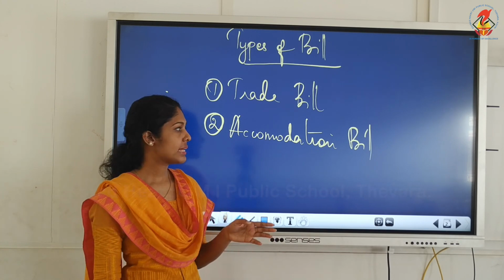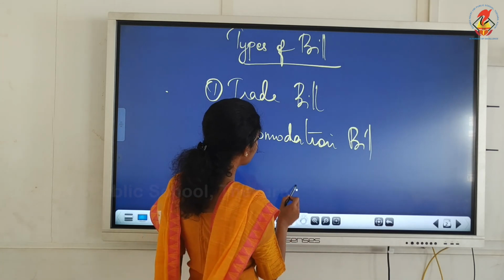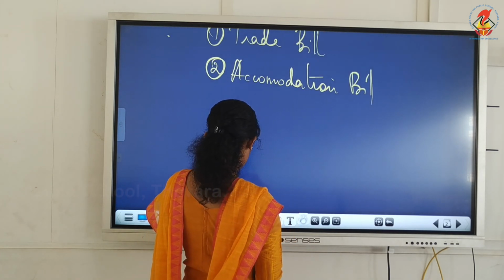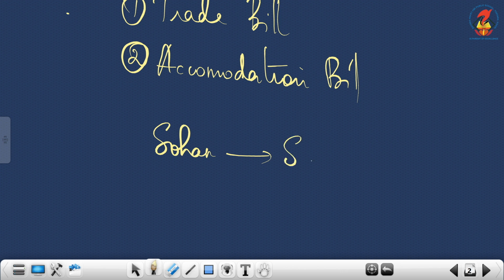The second one we will discuss, accommodation bill. We will take an example first, then we will go to the meaning. Sohan is in need of money, so he is going to his friend to ask for money. His friend is Sam.